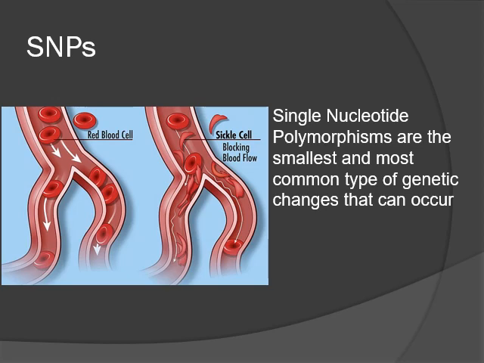This is by far the most common type of polymorphism, the most common type of allele: one change in one nucleotide. Usually, how many amino acids will that impact on the protein that it forms? One, usually, unless it's in the start or the stop codon.